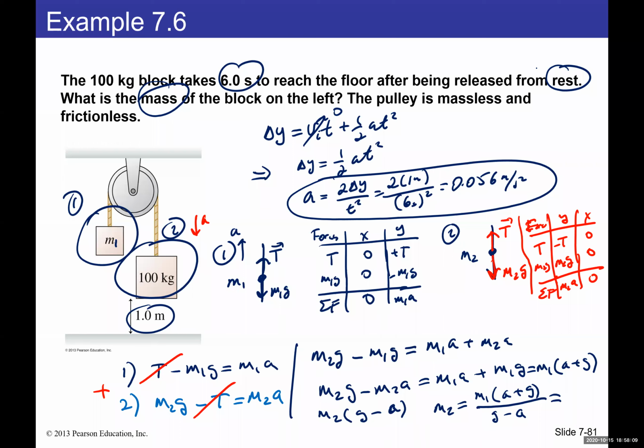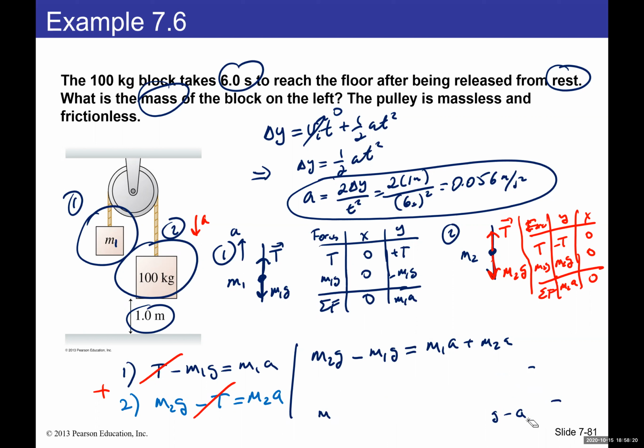Right, so I just realized I'm solving for the wrong thing because I need to solve for M1. So let me go back here, rearrange and solve for M1. If I rearrange, I end up with M2G minus M2A equals M1A plus M1G.